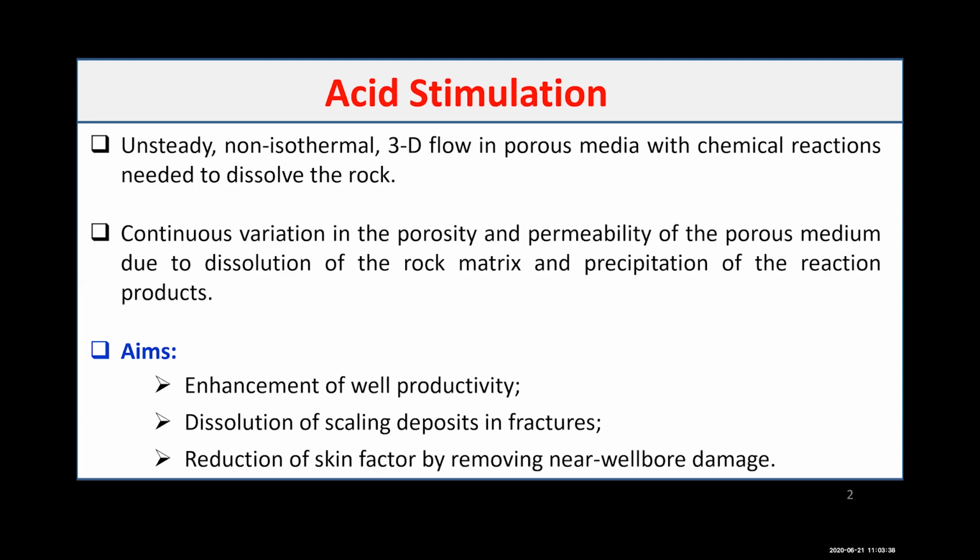And as you have precipitation, you will have a decline in the porosity and also a decline in permeability. So hopefully, at the end of the job, the porosity and permeability we create will be much higher than the damage or the precipitation that we create, overall enhancing the well productivity.